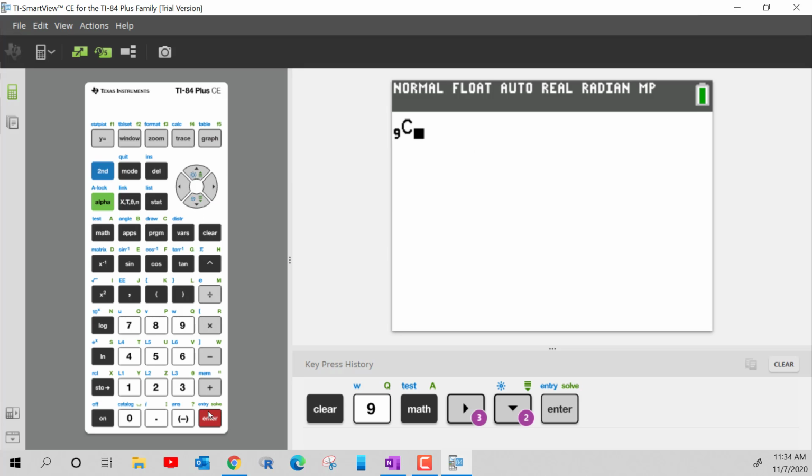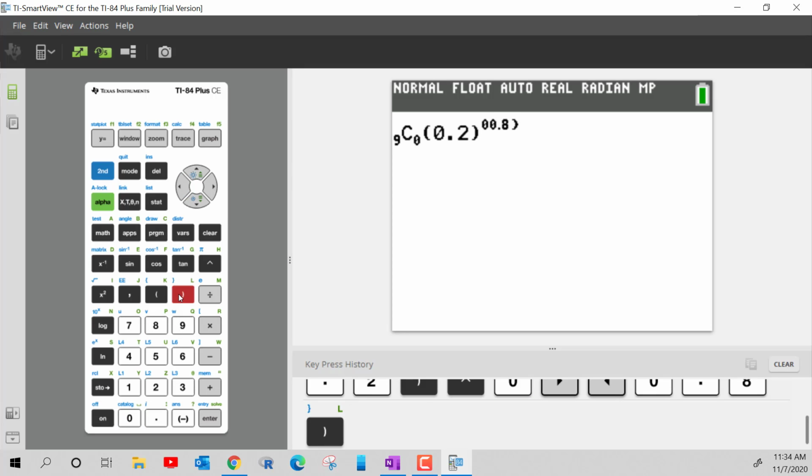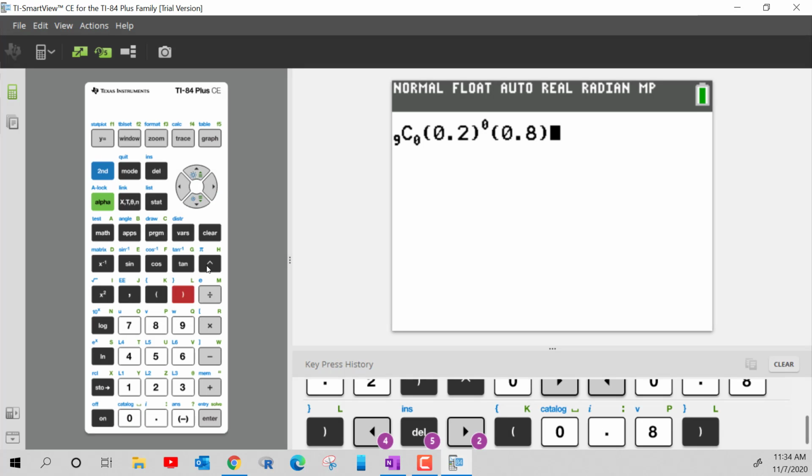So we had 9 choose 0, and that would be times 0.2 raised to the 0 power times 0.8. Oops. Hang on, I was still in the exponent. There. And then we had 0.8 raised to the 9th power, right?